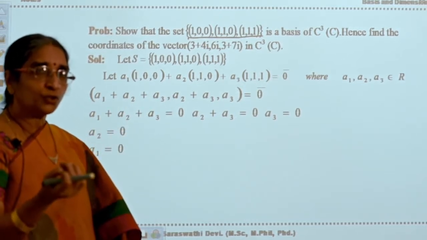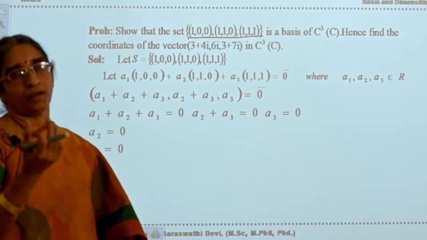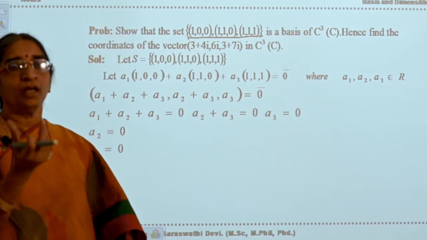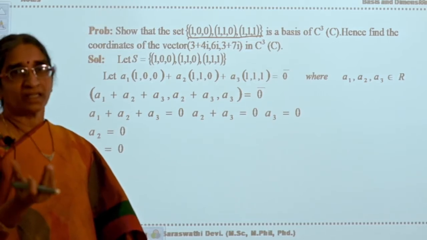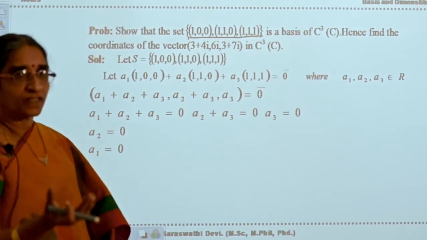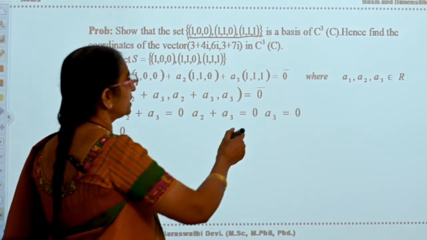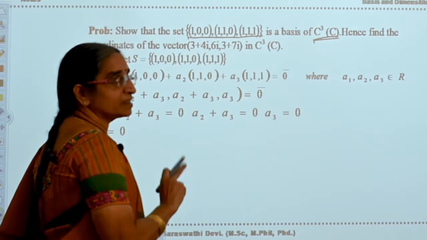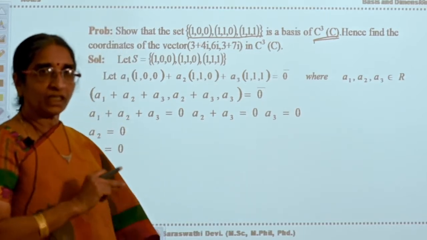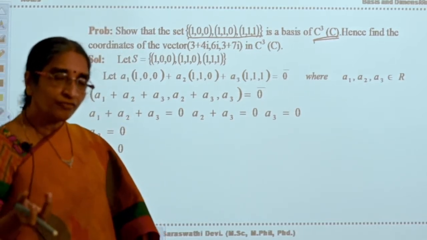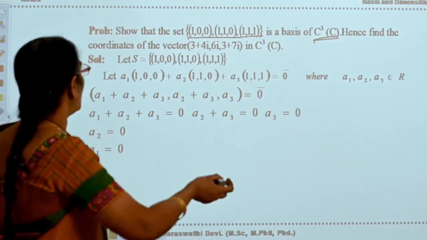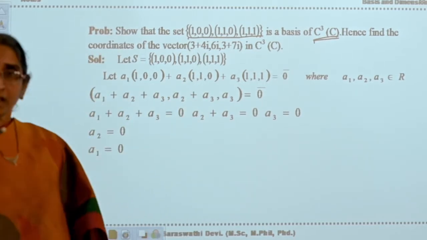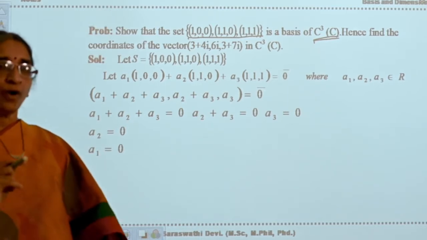Now you are going to show that those 3 elements of the set will form a basis for C3 of C. Now C3 of C means the dimension of the vector space is 3. If you observe carefully, the dimension of the vector space is 3 and the number of elements in the set is also 3. In such a case, you have one theorem.